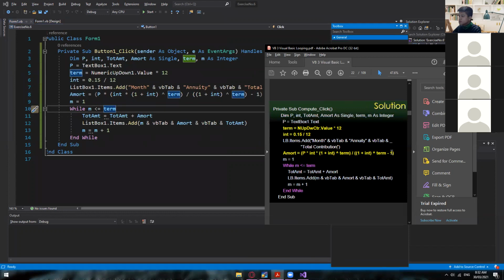Okay, let's go back to the original solution. P times int times 1 plus int raised to term, over 1 plus int raised to term minus 1.